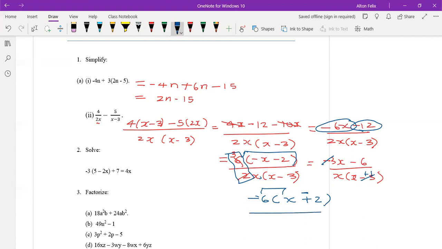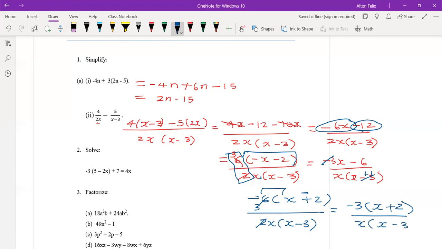It is only when you factorize, then you can consider dividing, right, by this 2 here. So this will give you 3. And of course, you could leave your final answer as minus 3 into x plus 2, all divided by x into x minus 3.